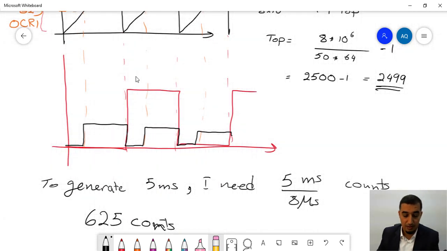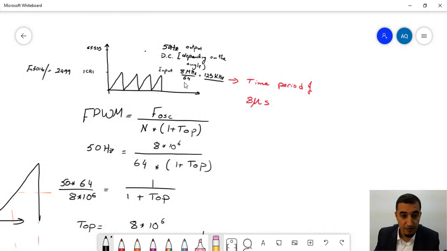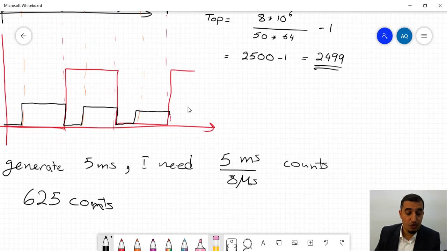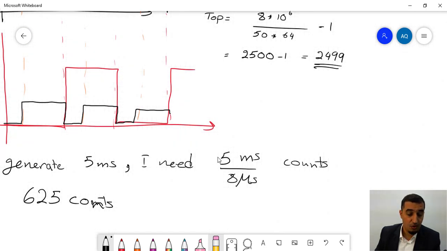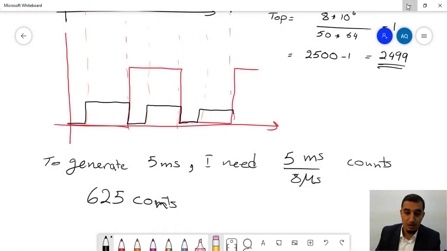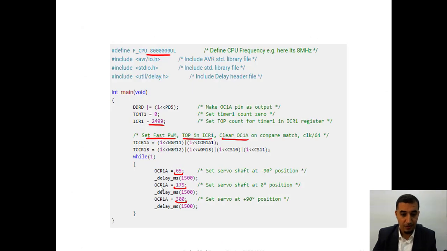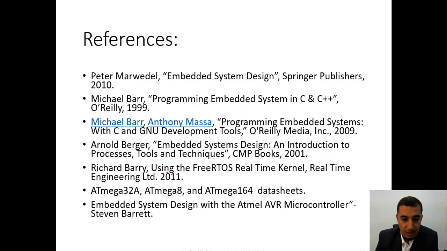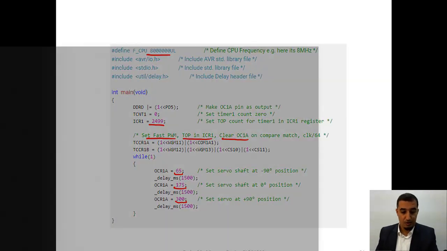Once you find the frequency that you are using, let's say 8 megahertz divided by 64 is 125 kilohertz, 1 over that number will give you 8 microseconds, and then you choose the time that you want. If you want 0.5 milliseconds, you do 0.5 milliseconds over 8 microseconds, you will get around 65 or 62.5 counts, and you put it on the OCR. Then by simply doing the program, you can rotate the servo motor, as you can see over here. Do you have any questions on this part?